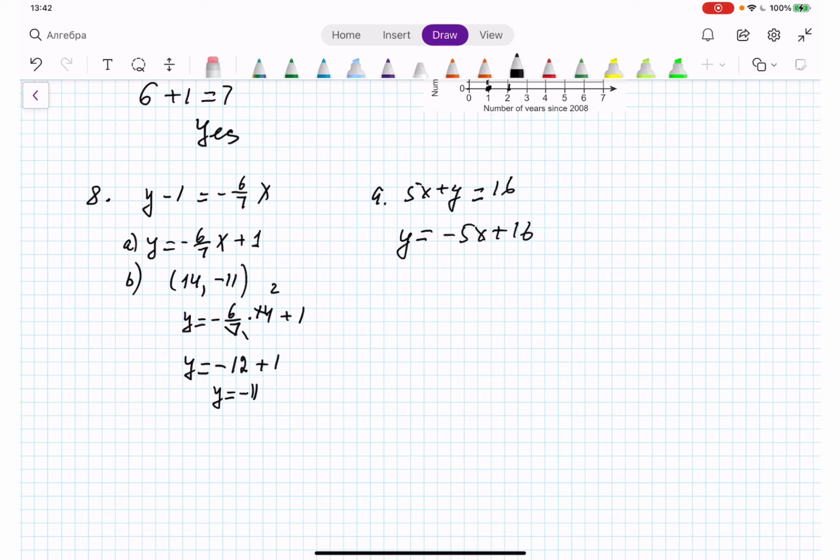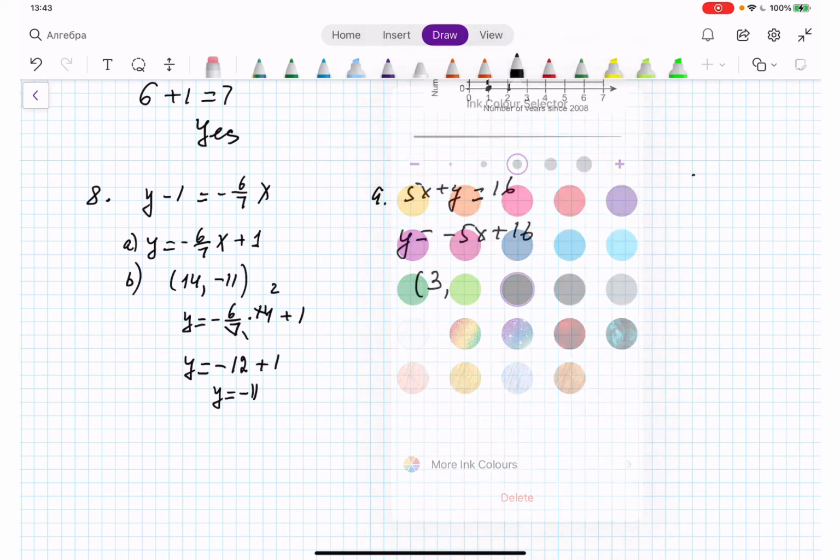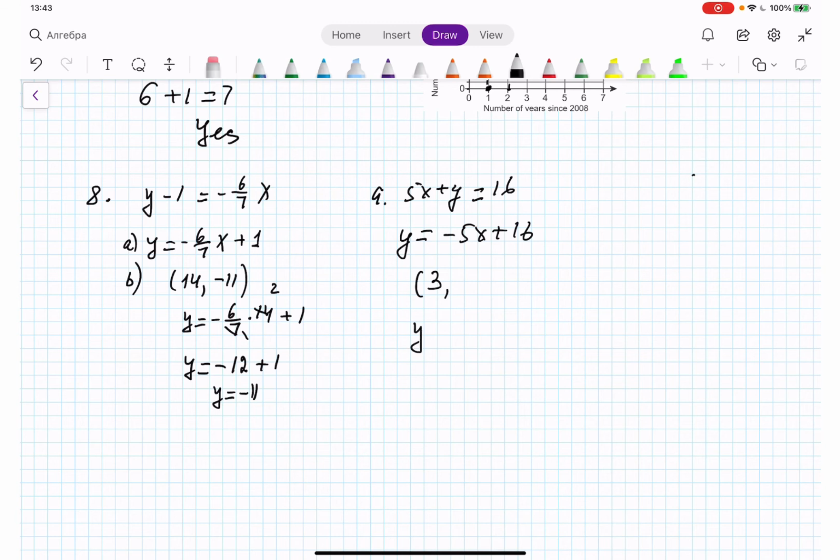We move this over the equal sign and we flip the sign, right? Negative 5x plus 16. Also, if the coordinate x is given as 3, how much will y be equal? So let's see, y is equal negative 5 times x, which is 3, right? And plus 16. So y is going to be equal negative 15 plus 16, which is equal 1. So we're writing down 1.